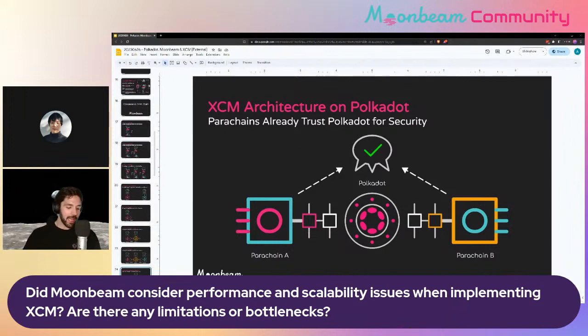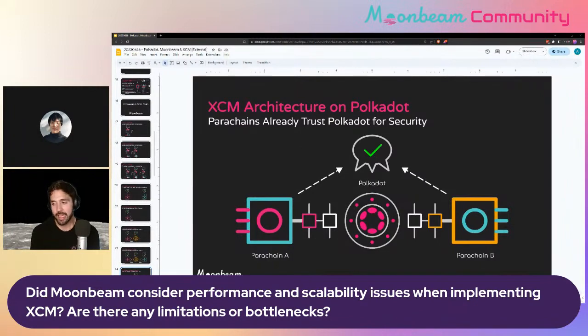And so, when XCM really opens the floodgate of transactions on Moonbeam, that could create a bottleneck, right? But in Polkadot's and Moonbeam's roadmap, there are things that are going to come quite soon that will improve performance by a lot, right?